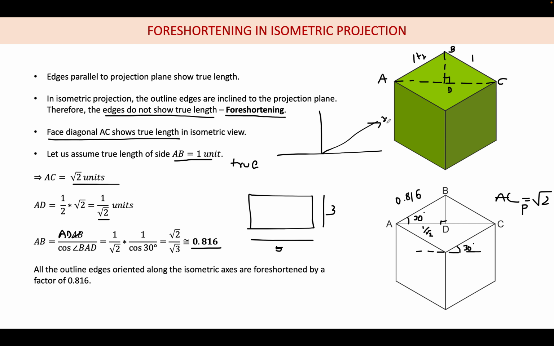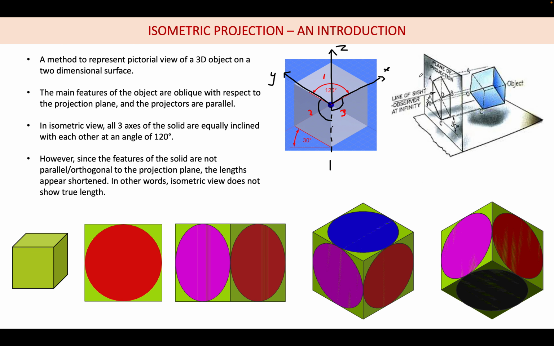let us say this is my x axis, this will be my y axis, and this will be my z axis. As I told, it will be like this. I forgot to mention here, you can see this will be x, this will be y, and if I extend above, this will be z. But in this case, if you see, it is slightly different.